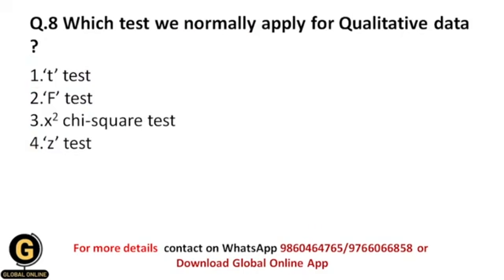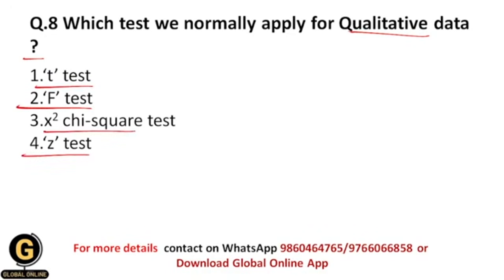Next: which test do we normally apply for qualitative data? Whenever we need to test qualitative data, which kind of test do we normally apply: t test, f test, chi-square test or z test?